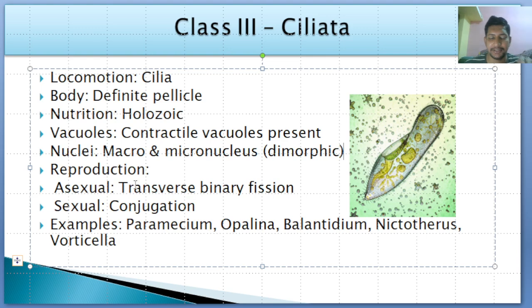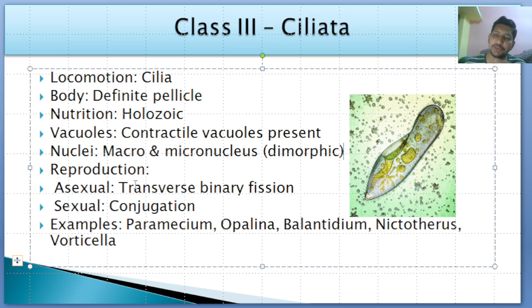Transverse means horizontal. Don't worry, I am going to explain transverse binary fission in detail in the next video with the diagram. And as I mentioned, in Ciliata, particularly Paramecium, sexual reproduction takes place by conjugation. So these are some of the important characters of class Ciliata.